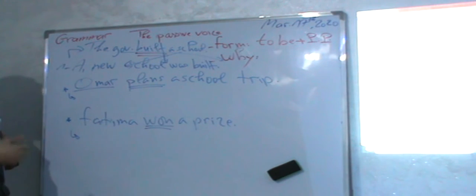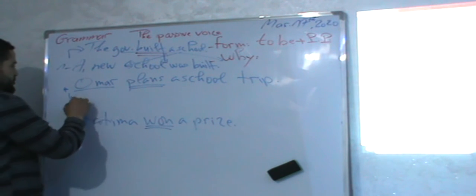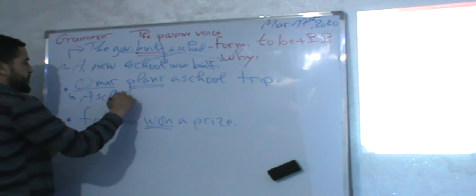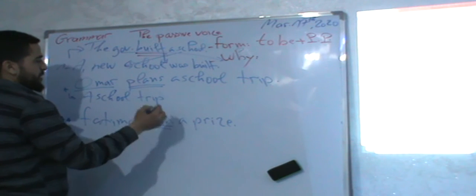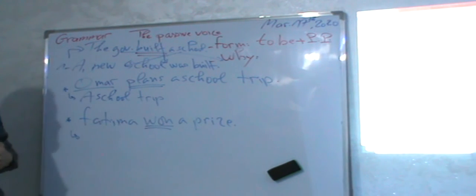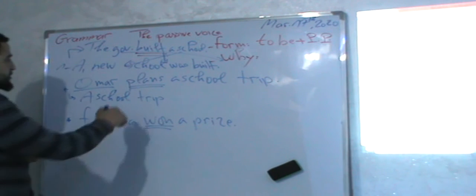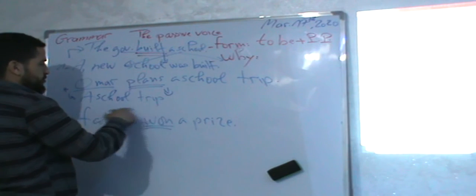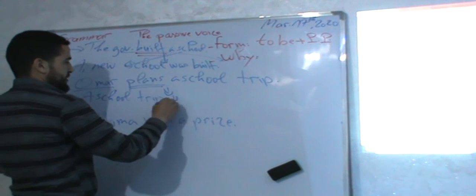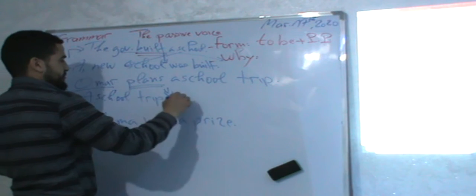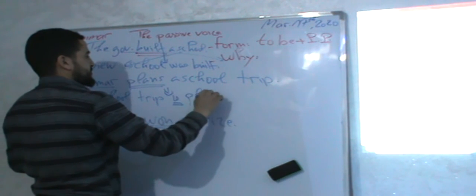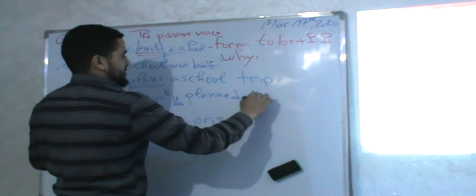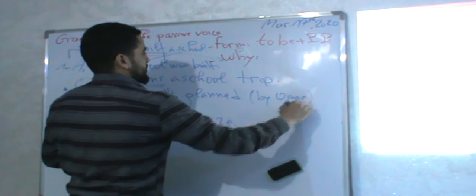We could say a school trip, and we need the verb to be plus participle. Since this one is in the present, we put verb to be in the present. The past participle of plan is planned, since it's regular. A school trip is planned. If you like, you say by Omar, if necessary.